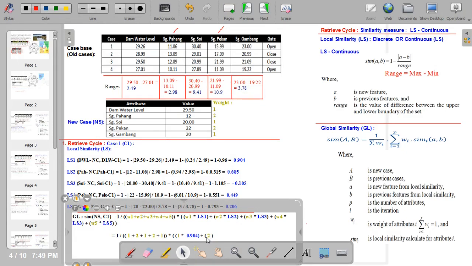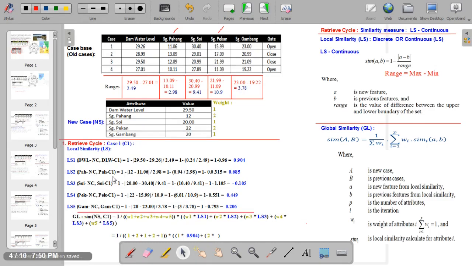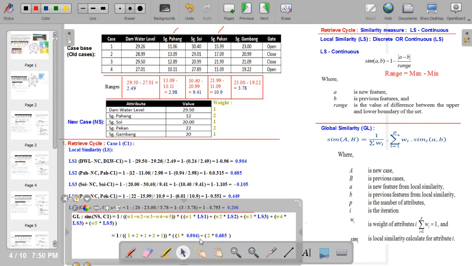So 2, then multiplying by LS2, which is the local similarity of the bahang attribute value of the new case and the bahang attribute value of the old case, which is case 1, right? Same goes for all attributes.